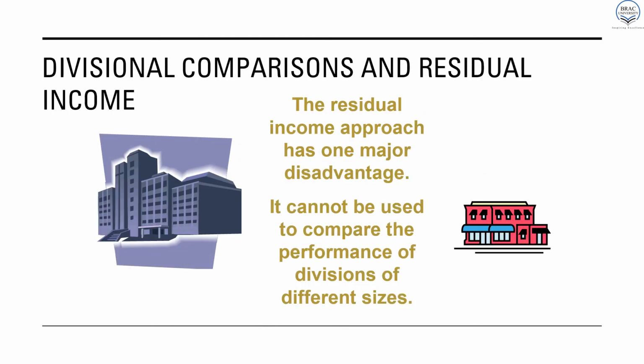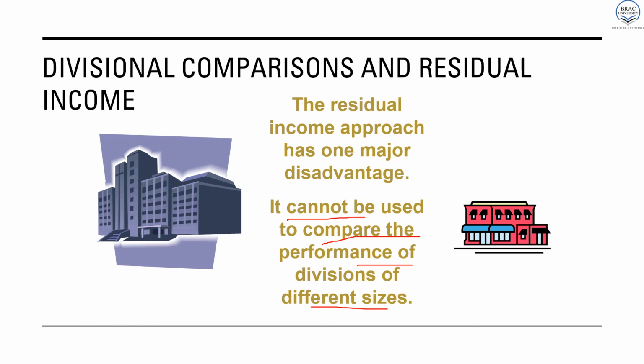Of course, there is one key reservation about residual income: it cannot be used to compare the performance of divisions of different sizes. In one company there could be many divisions of operations, but if they are not identical in size, you cannot compare them.